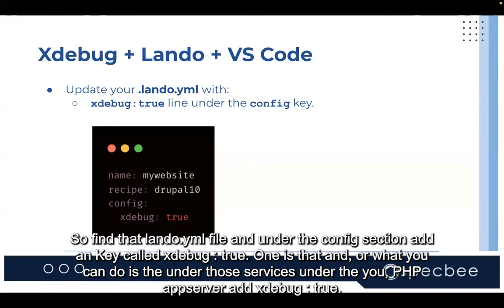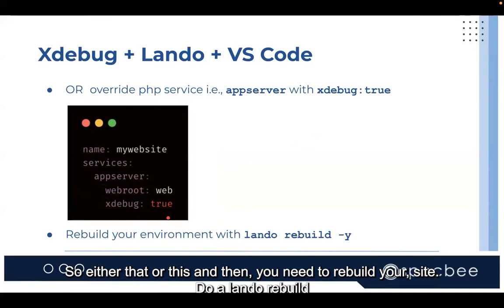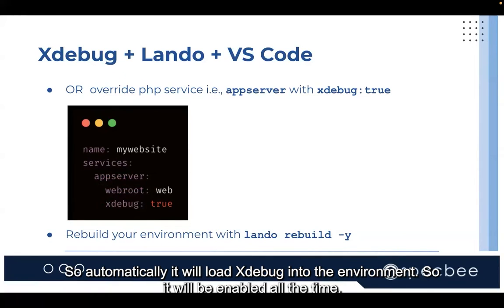Or what you can do is, under the services, under your PHP app server, add xdebug equal to true. So either that or this, and then you need to rebuild your site. So do a lando rebuild. Now what this does is, whenever you start your project, it will automatically load XDebug into the environment. So it will be enabled all the time.